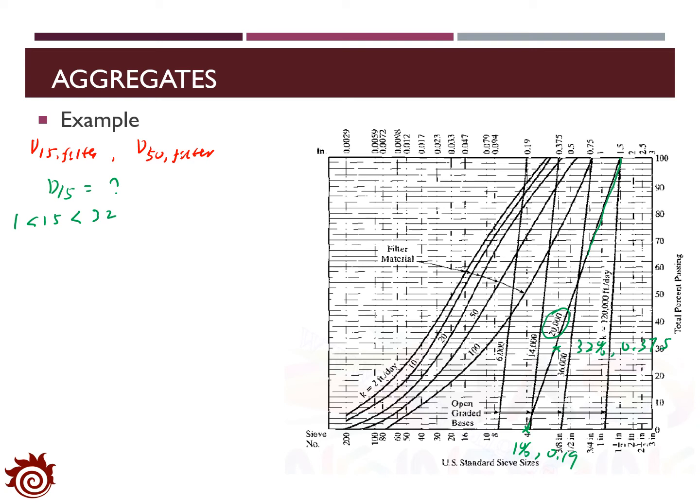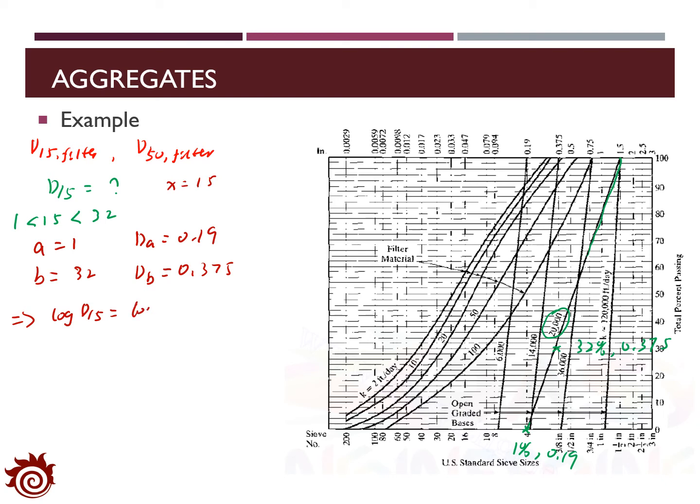Here we get A equal to 1, dA equal to 0.19, and B equal to 32, dB equal to 0.375. We assume that x equal to 15.